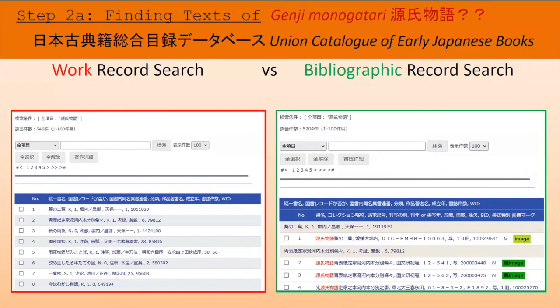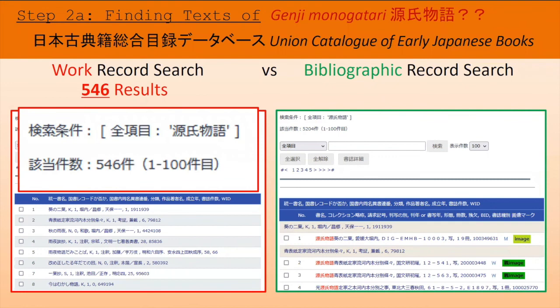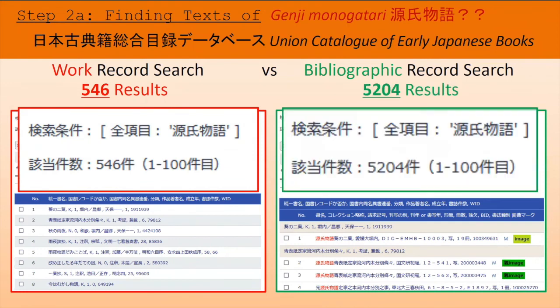A side example may better clarify the difference. With a work like Oi no Sasami, down either search path, the results fill only a page, at most 2. But what about a work like The Tale of Genji? A work record search for Genji Monogatari gets us 546 results, and a bibliographic record search gets us around 10 times as many.